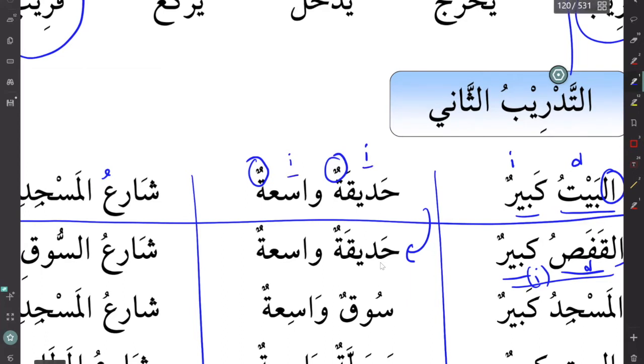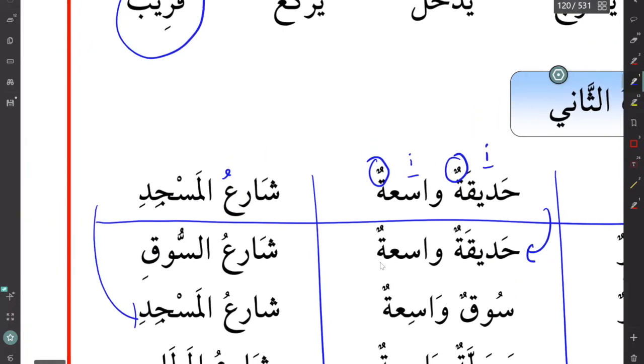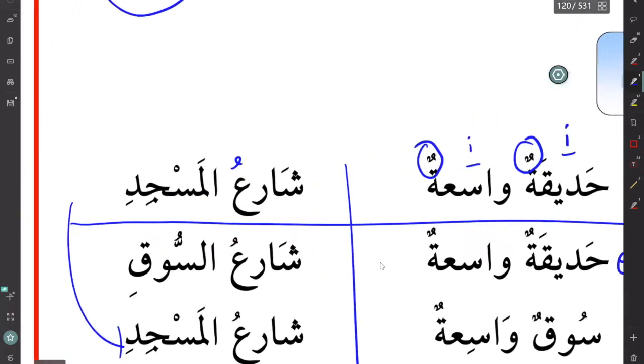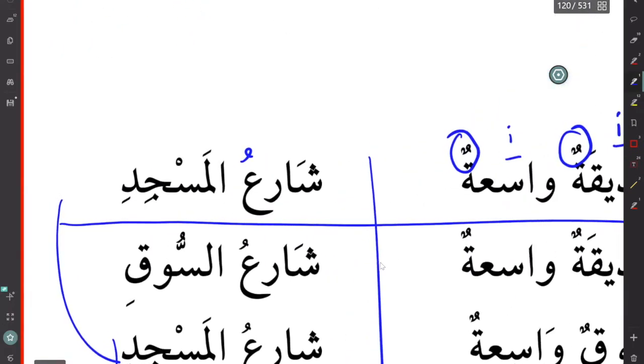Okay, so both of them are indefinite. Now, if you look at the next one, we have shari'ul masjidi. Okay, and if you look closely, the first one doesn't have alif lam, and the second one does have alif lam. Okay, so it looks like you have something indefinite, and the second one is definite.